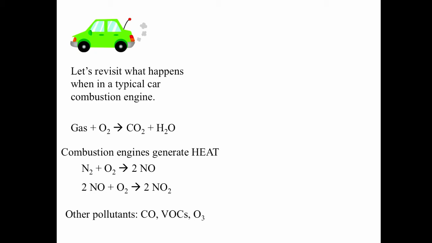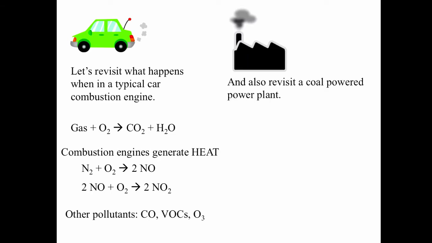In contrast, let's think about what happened with our coal-fired power plant. So in this case, we have coal, which we can approximate as largely a carbon and hydrogen compound, but we also have some oxygen, some nitrogen, and some sulfur. The sulfur we're going to see is important.